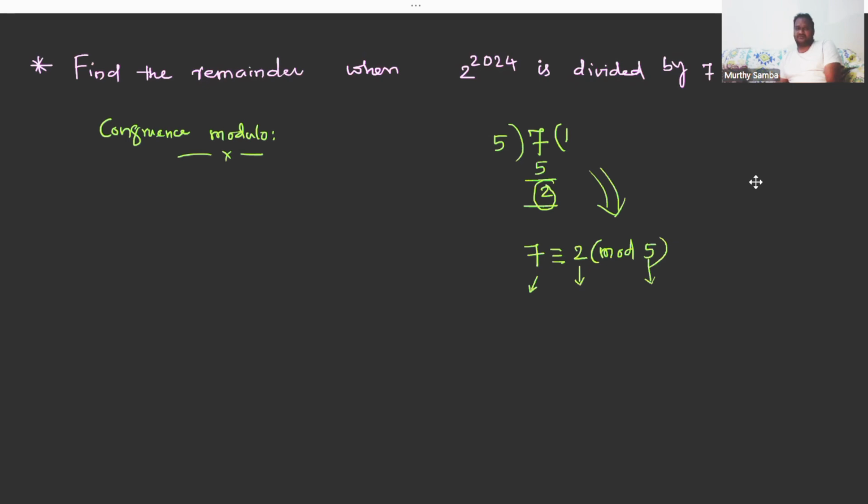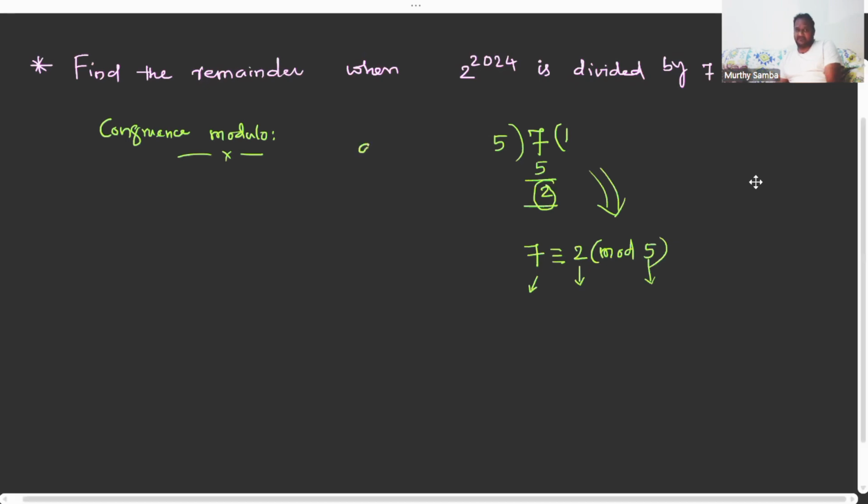Now here, suppose you are dividing a number A by some number M, for example, and you are getting the remainder B. Then how do you write this in this particular format? A is congruent to, what do you get as the remainder?